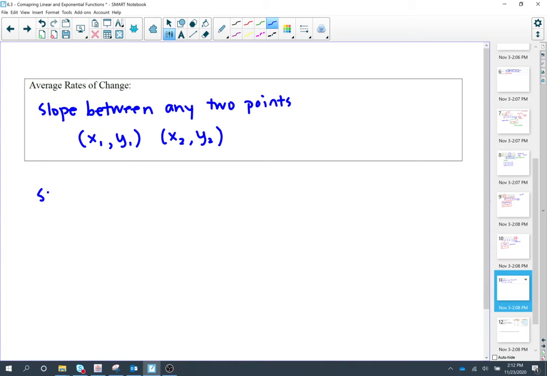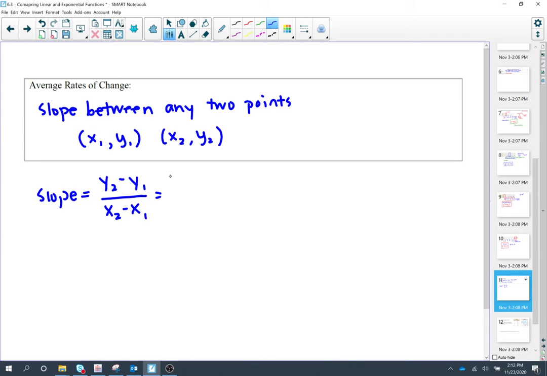The first way we know how to find slope is that it's denoted by m, but for the sake of average rate of change, I'm going to get rid of that because m is typically for a linear function, whereas we can do average rate of change for any function. So slope is y2 minus y1 over x2 minus x1.